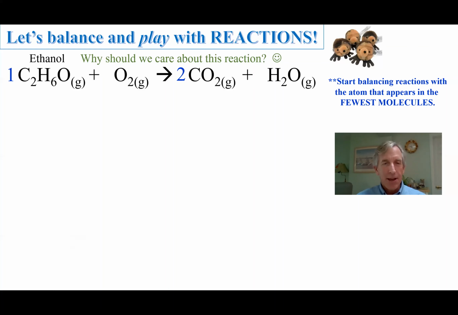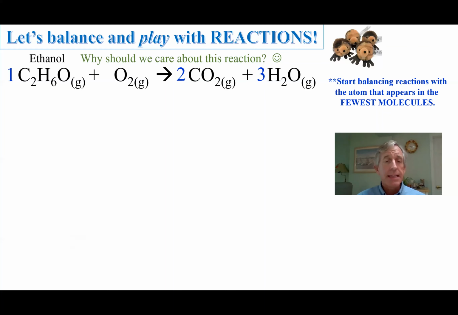So now we've got the carbons balanced. Hydrogen would be next. So I look at ethanol. I see 6 hydrogens in the ethanol. I look at the product side. There are only 2 atoms of hydrogen in the water. So I'll need 3 water molecules to create 6 hydrogen atoms total. Mass must be conserved.